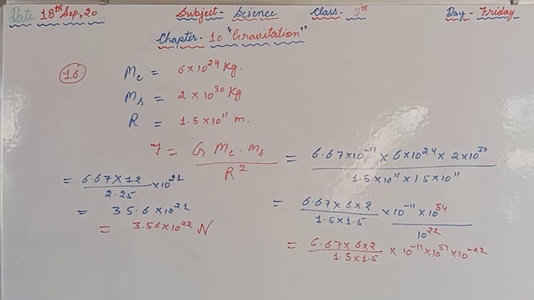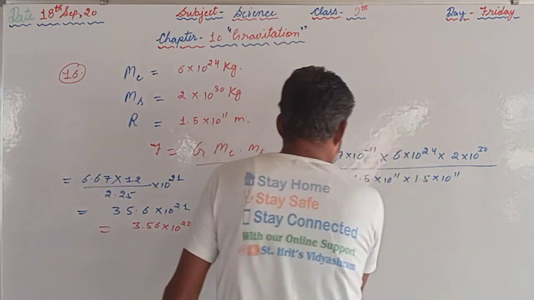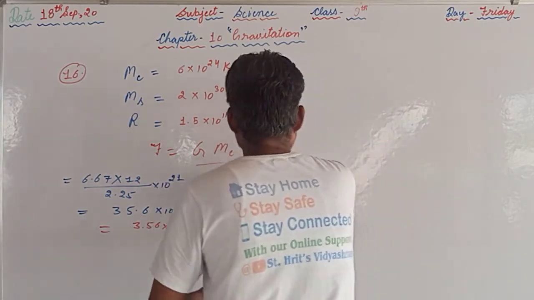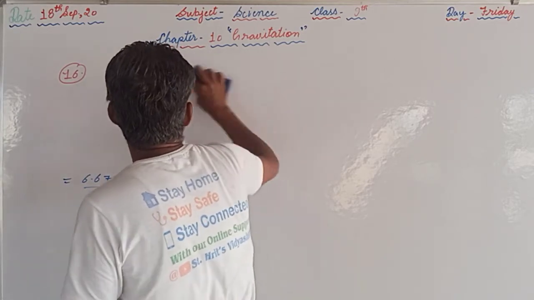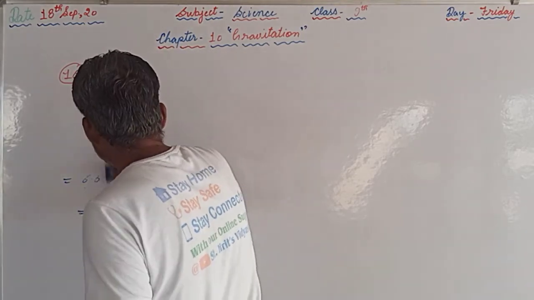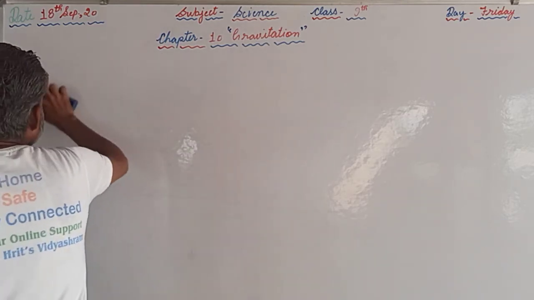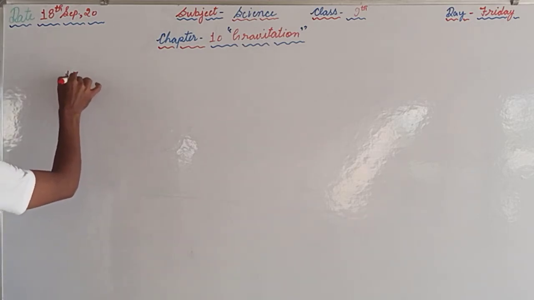So like this you are supposed to proceed with the questions given in the exercise. So at the same time we can discuss one more question, that is question number 17.